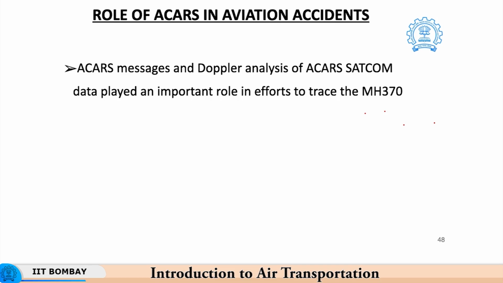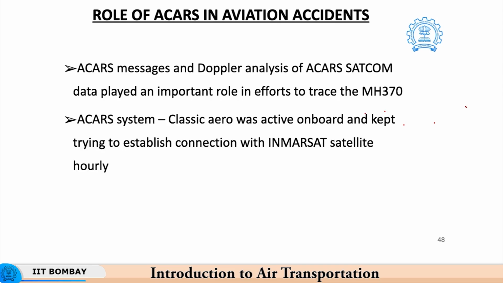What happened was that the onboard ACARS system, which was named Classic Aero, was active on board and was regularly trying to contact the Inmarsat satellite on an hourly basis.